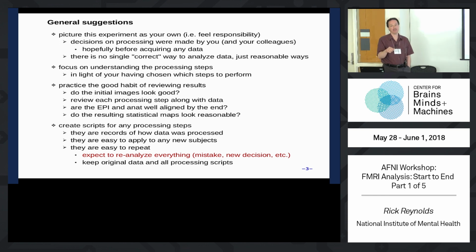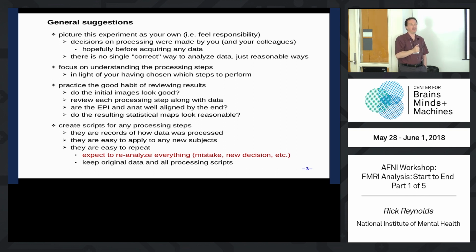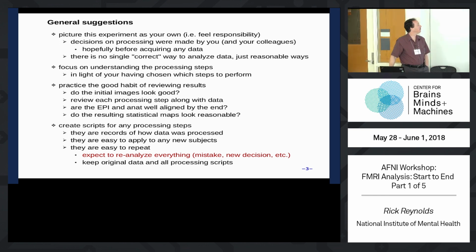If you're just hitting buttons and we're registering to some template, I don't really know the details, it shouldn't be magic. Don't just rely on the software doing its thing and assume that everything is good. Usually it is not. So here, just focus on understanding the processing steps.